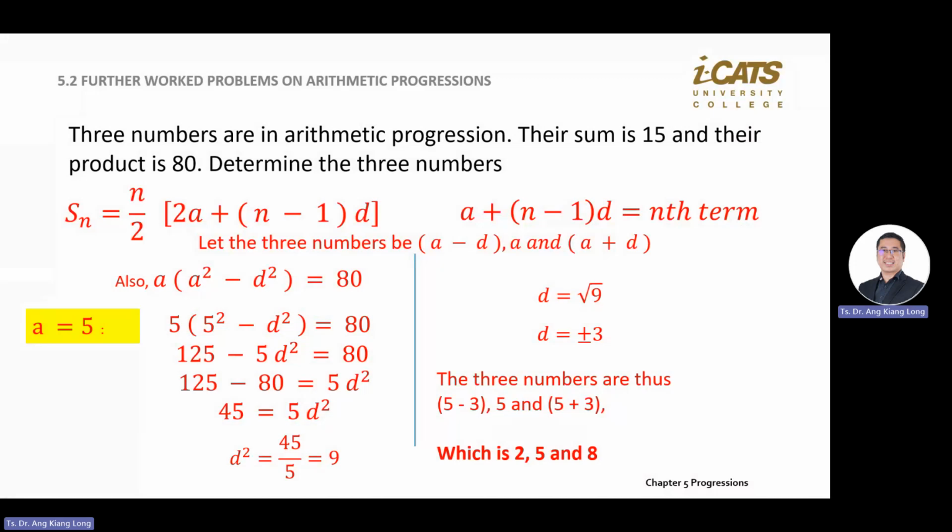You will still get the same number. For AP, you only have one set. If it's GP later, because of the quadratic equation, you have two values. So if I change this same question to GP later, then you have two answers.